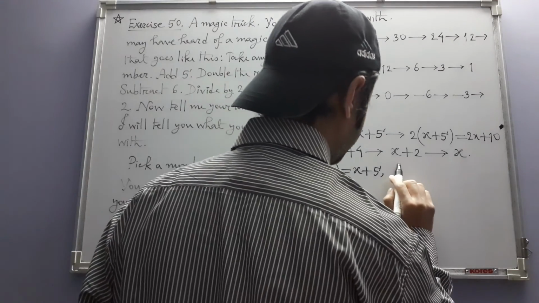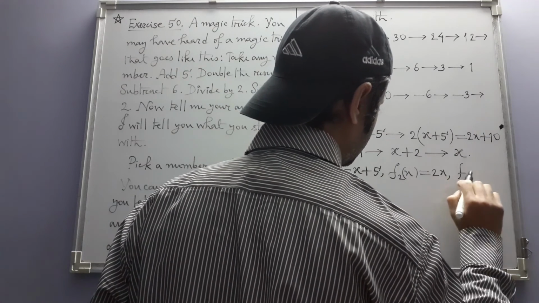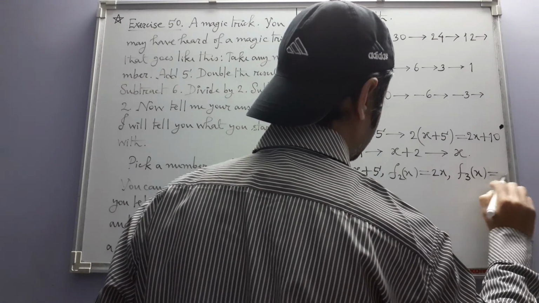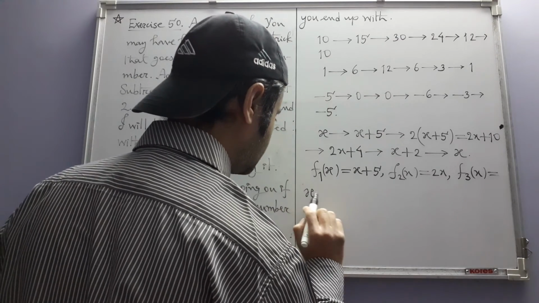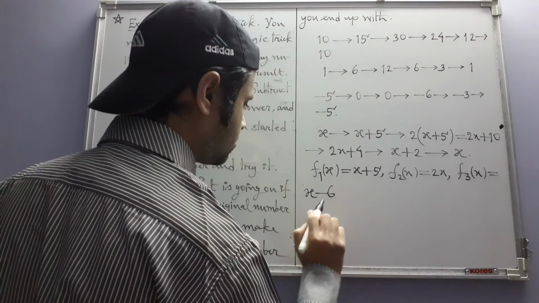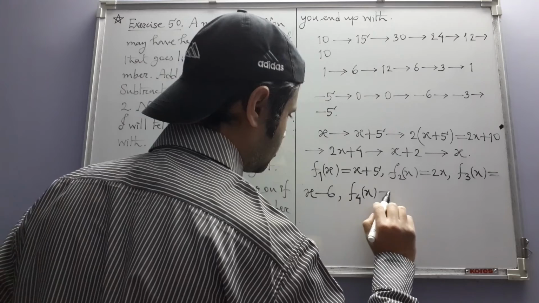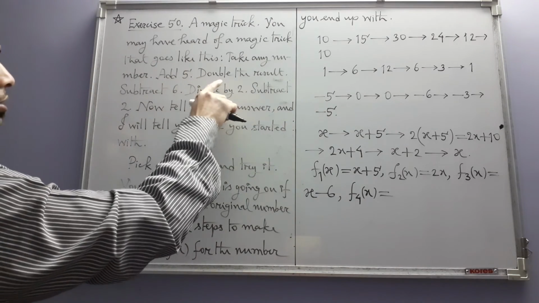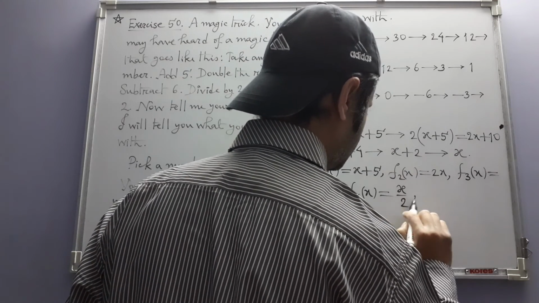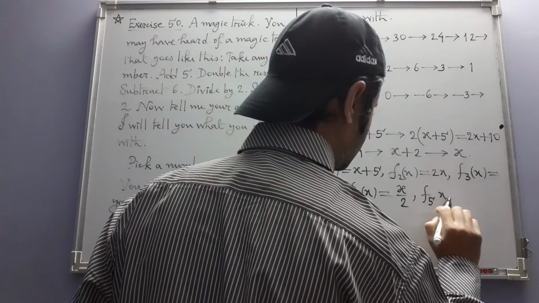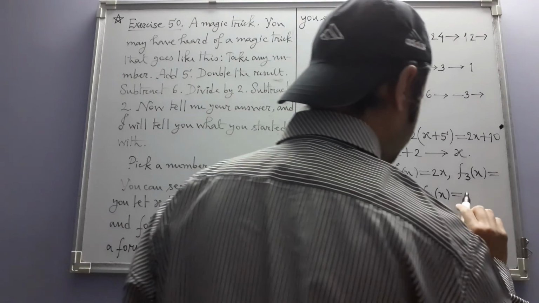Double the result. f2 of x is 2x. f3 of x, subtract 6, x minus 6. f4 of x is divided by 2. Then f5 of x is subtract 2.